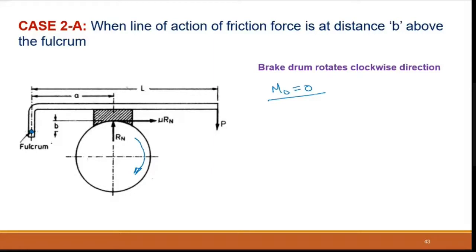Rn, it is rotating in anti-clockwise, so it is Rn into A, minus or plus mu into B. This is clockwise, so minus mu Rn into B minus PL is equal to 0.